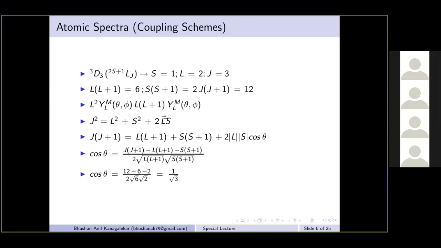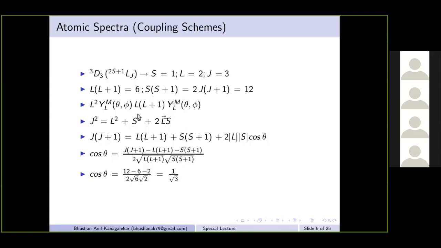So the eigenvalues of these angular momentum operators give L(L+1), S(S+1) and J(J+1). So we are using these values.